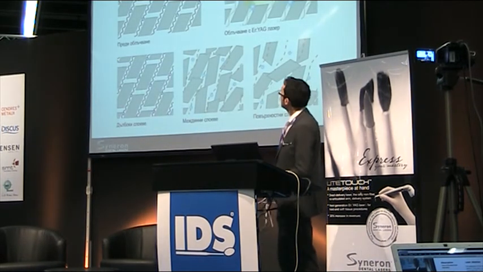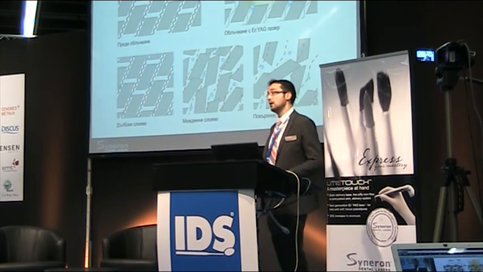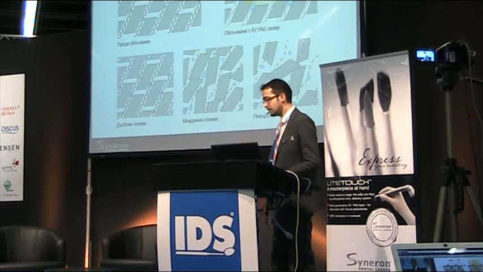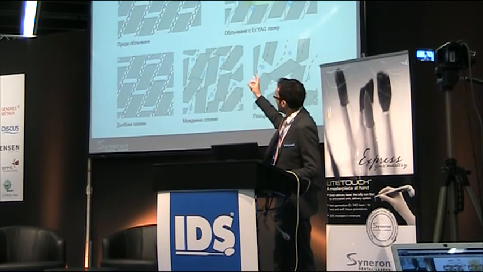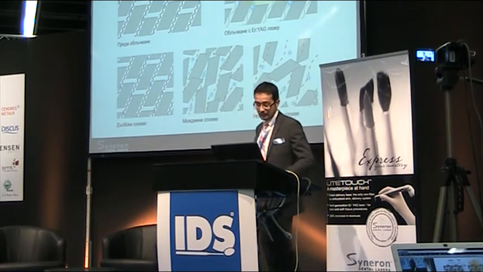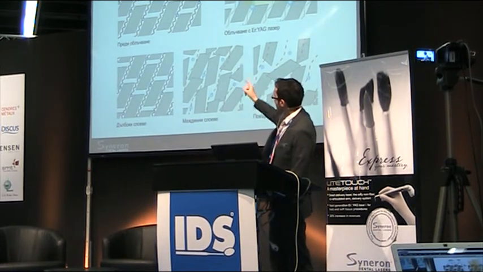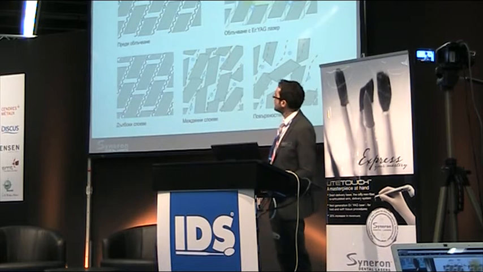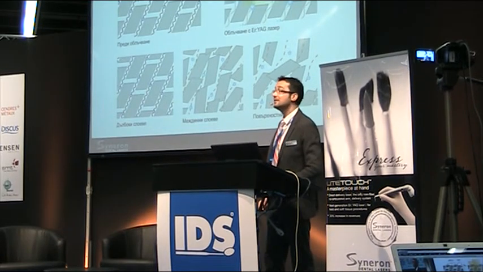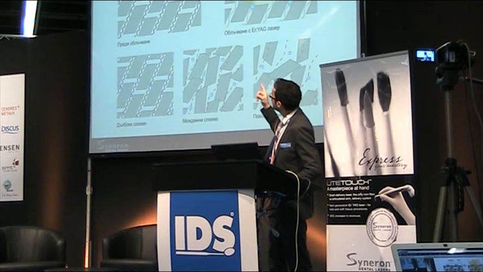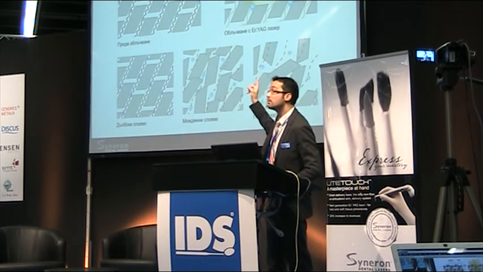Here on this chart you can see my explanation in pictures. I'm sorry, this is not in English, but I will explain. You can see this is the chart that represents the enamel. The enamel consists of biological hydroxylapatite, protein matrix, and water molecules.